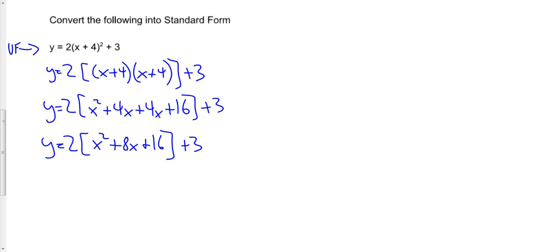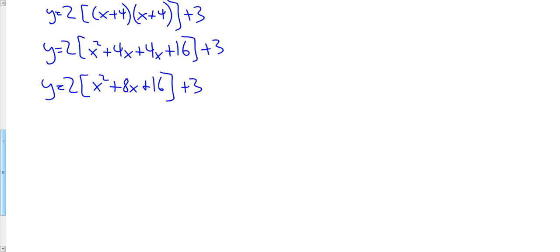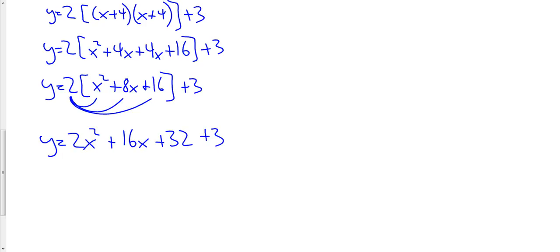Now what we need to do is multiply through. We've got 2 and then a bunch of stuff in brackets, so everything in brackets we need to multiply by 2. We multiply 2 times x squared, 2 times 8x, and 2 times that positive 16. That's going to give us 2x squared plus 16x plus 32 plus 3.